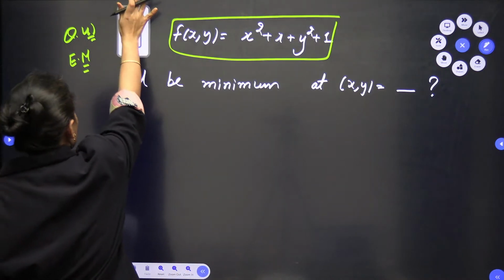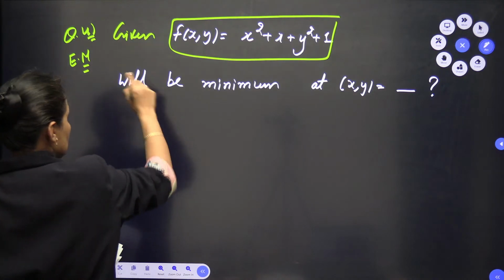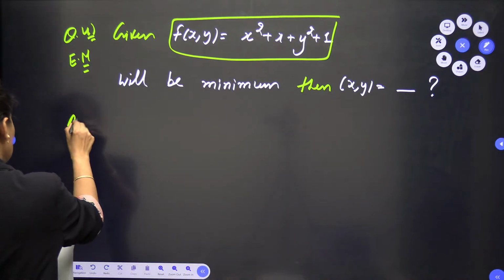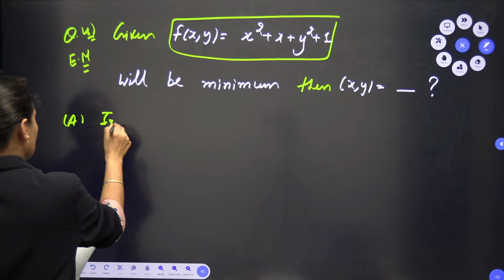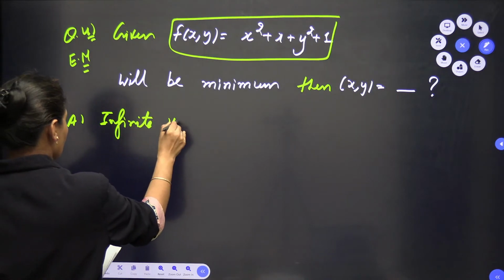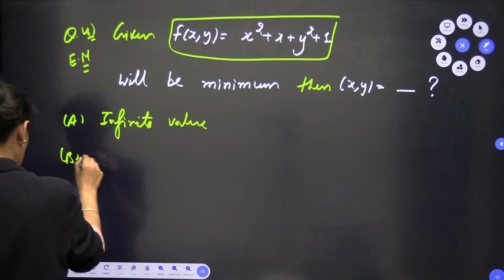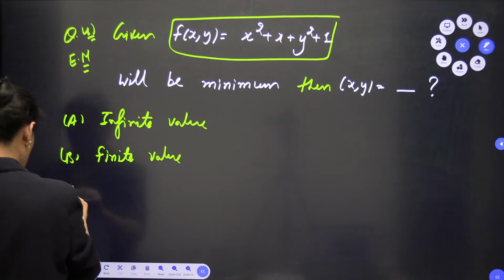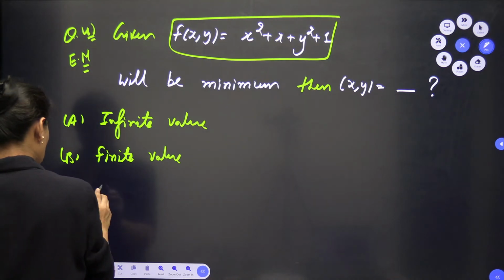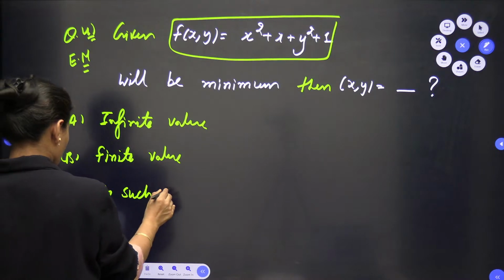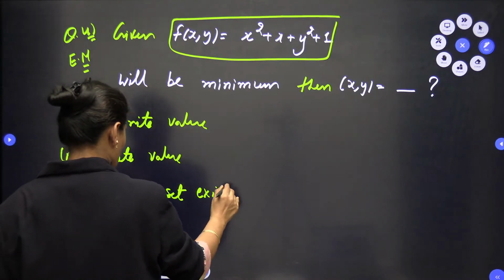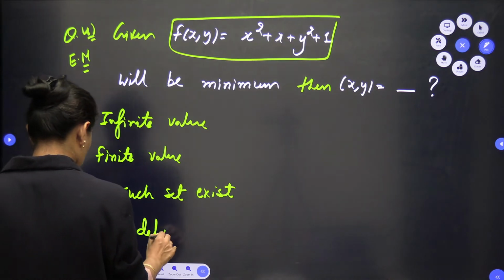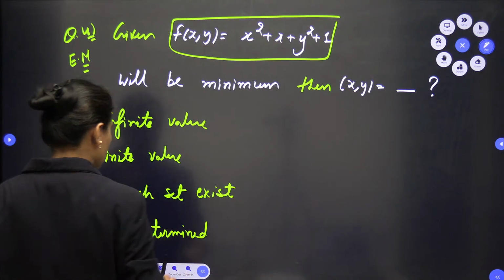They are asking whether the set has infinite values of (x,y), or some finite value, or such a set does not exist, or lastly, cannot be determined. Okay, let's see how we can solve it.